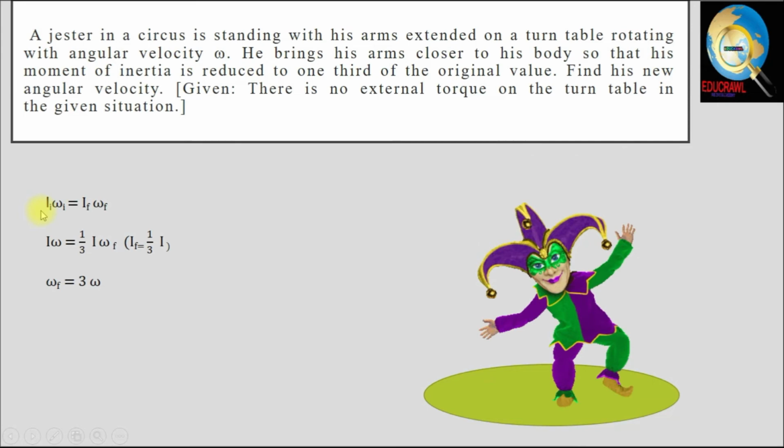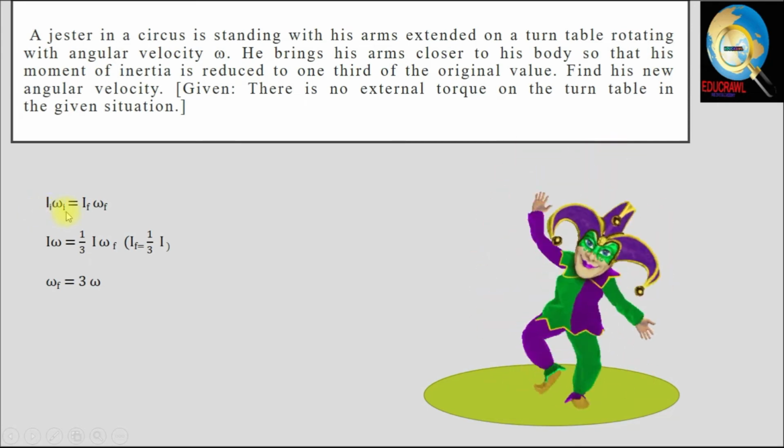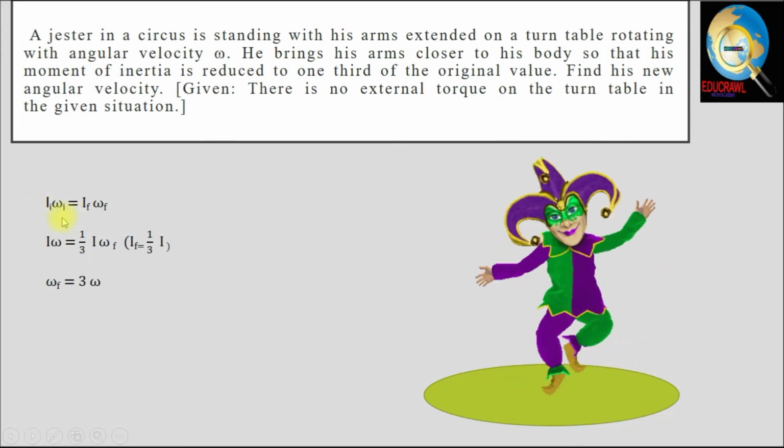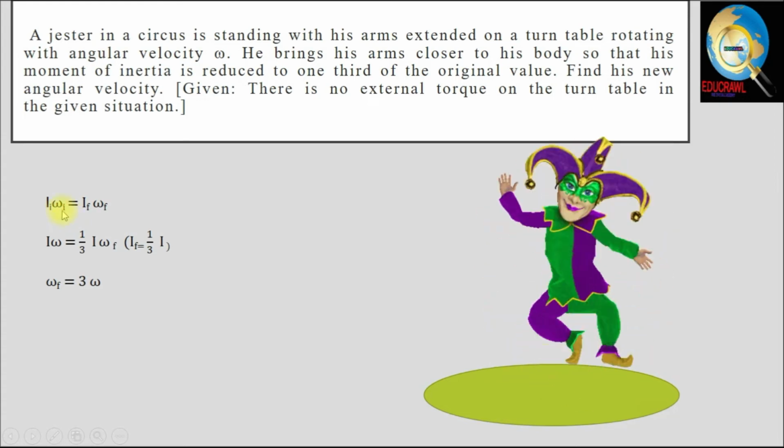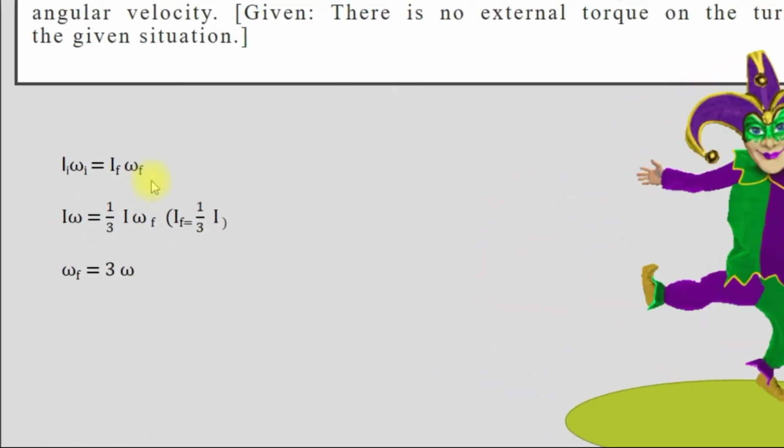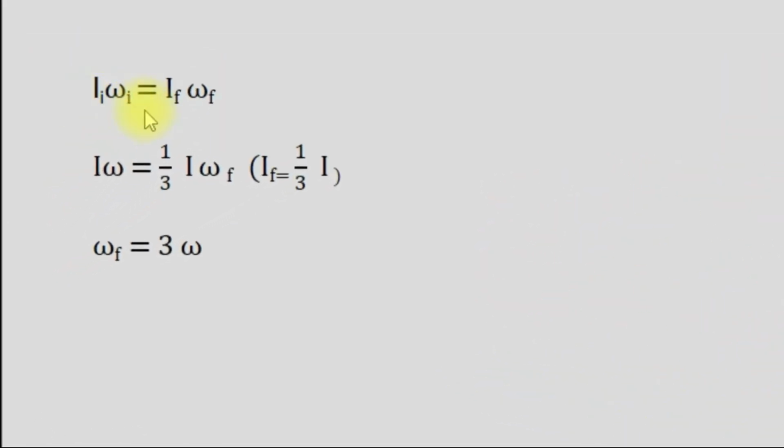So initial it is I omega is the expression for angular momentum. Initial is given with the suffix i. Final is given with the suffix f. So I omega is equal to I_f omega f. Here we need to find the value of final angular velocity omega f.